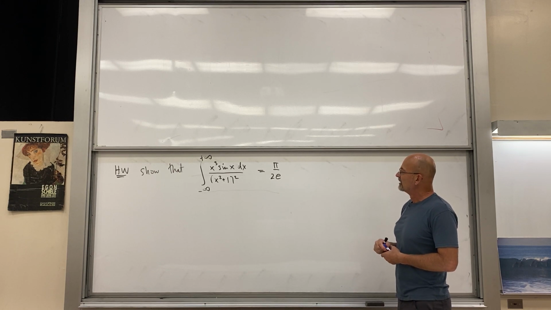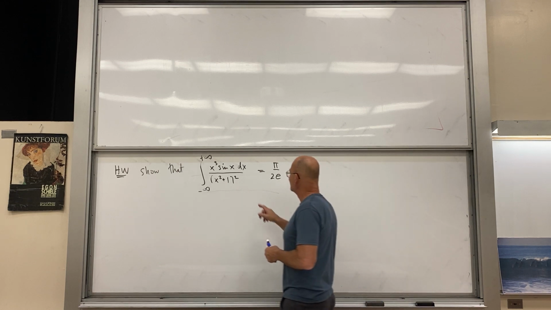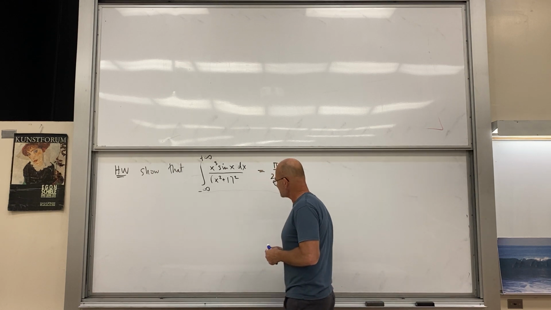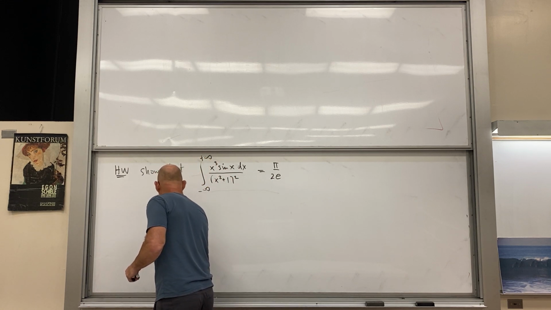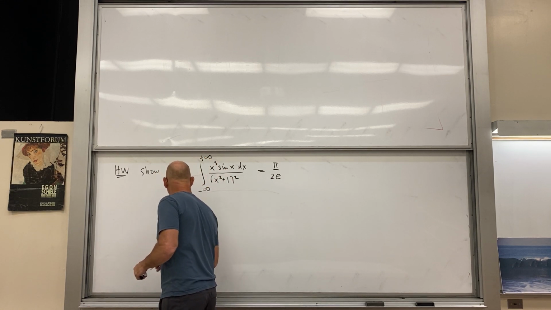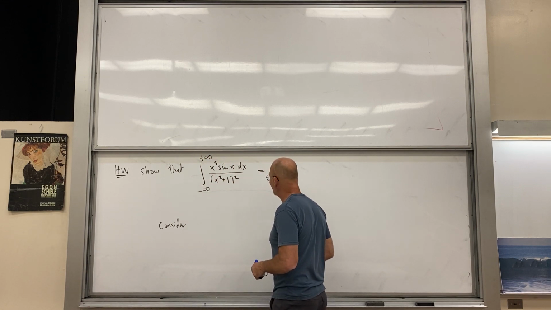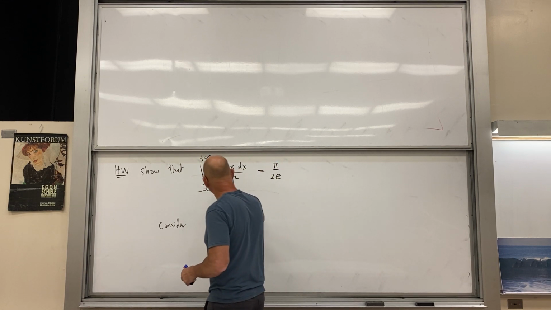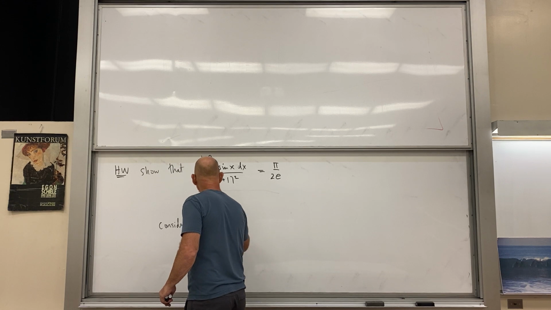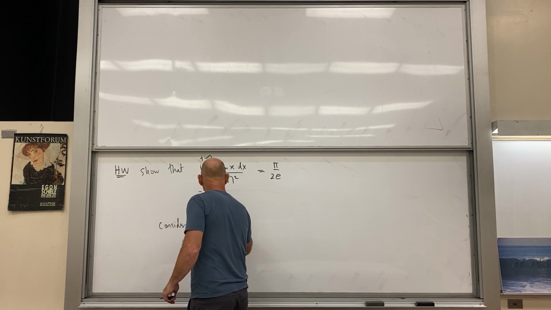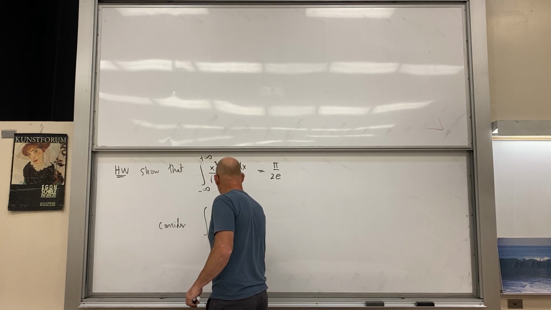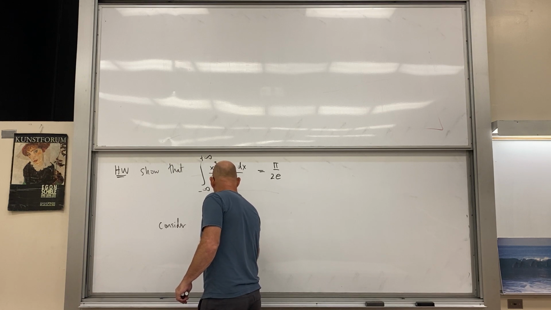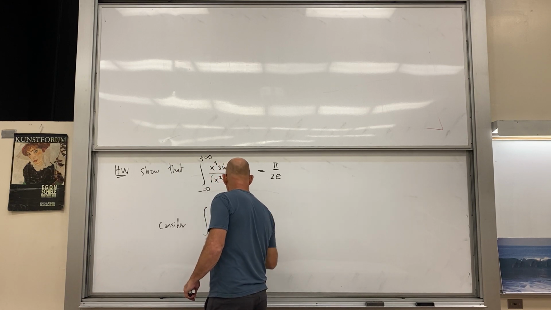Okay, so how do we want to tackle this thing? The way we're going to tackle it is to consider the integral z cubed e to the i z dz over z squared plus 1 to the quantity squared.